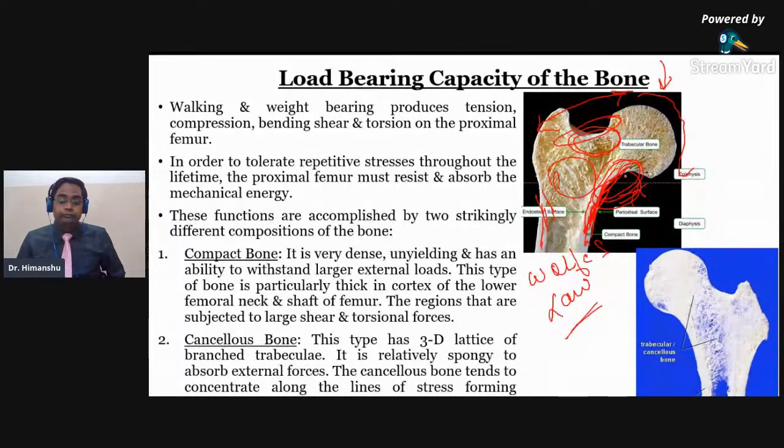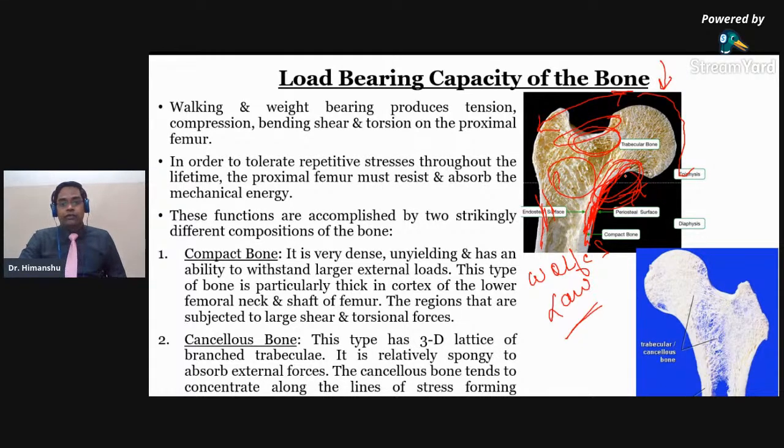So whenever you have more of the tensile loading on one area, you have a different type of trabecular bone formation there, that is the arcuate trabecular bone formation. And the sites where you have more of the compressive loading, on the medial aspect of the neck of the femur, you have more of the circular or complex type of trabecular bone formation. All right. So always remember Wolff's law. It suggests that the bone starts growing in the areas where the forces are being laid upon.